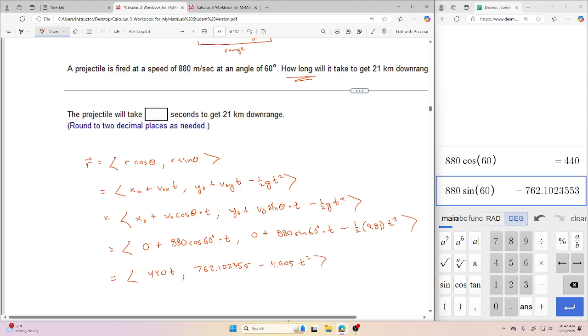T squared. Oh, I forgot something. Forgot a T there. Man, I do that all the time. Okay. So we have a position, right? This is my position at any time.